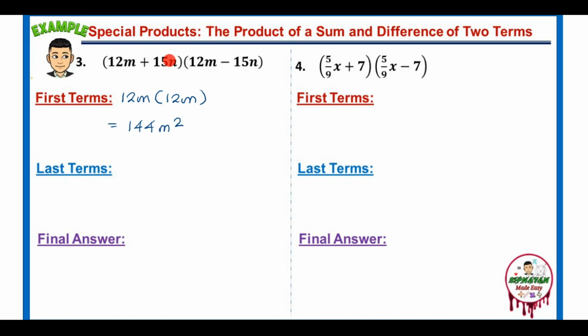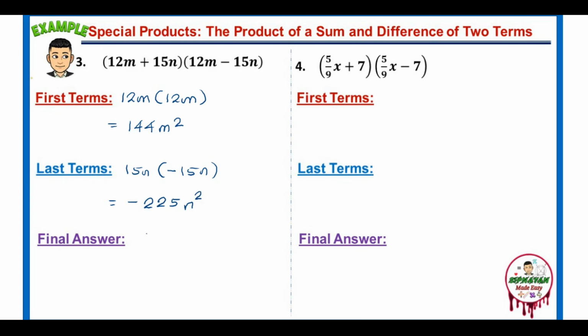In 12m plus 15n, the last term is 15n. In 12m minus 15n, the last term is negative 15n. Multiplying 15n with negative 15n, we have negative 15 times 15, that is 225, and n times n, that is n squared.